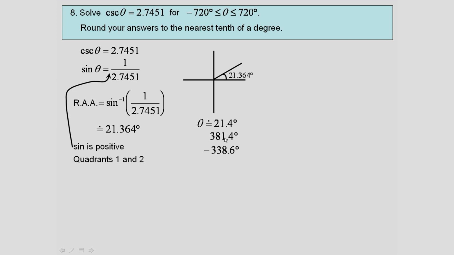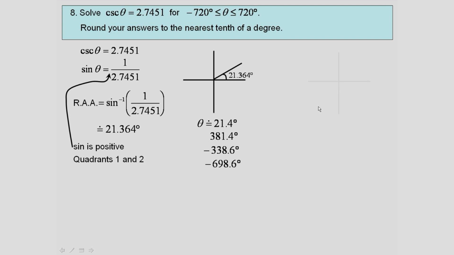This is us subtracting 360 from 21.4, because don't forget, we're allowed to go down to negative 720. Can we subtract another 360 from this? Yes, we can. Negative 698.6 is still within this domain. Obviously, we're not going to be able to subtract another 360, though.